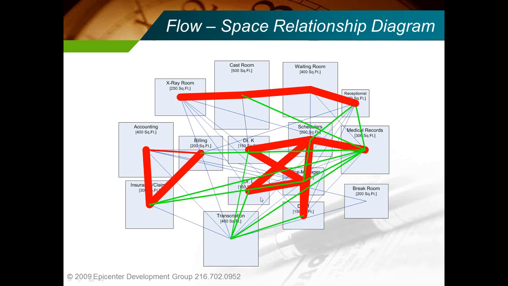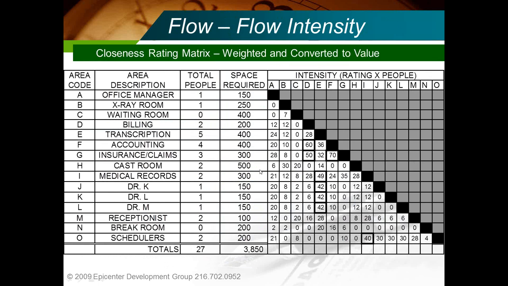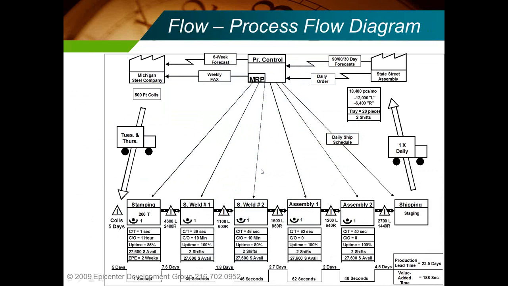And so with a diagram like this, it was much easier to sit down with the staff and say, well, how do we lay this out? Each one of these blocks represents a certain amount of square footage. And certain areas, like the break room, don't really have much of a flow with anything. You could put that anywhere. So that's how you can use this. Again, this is much more visual than giving them this or giving them this.